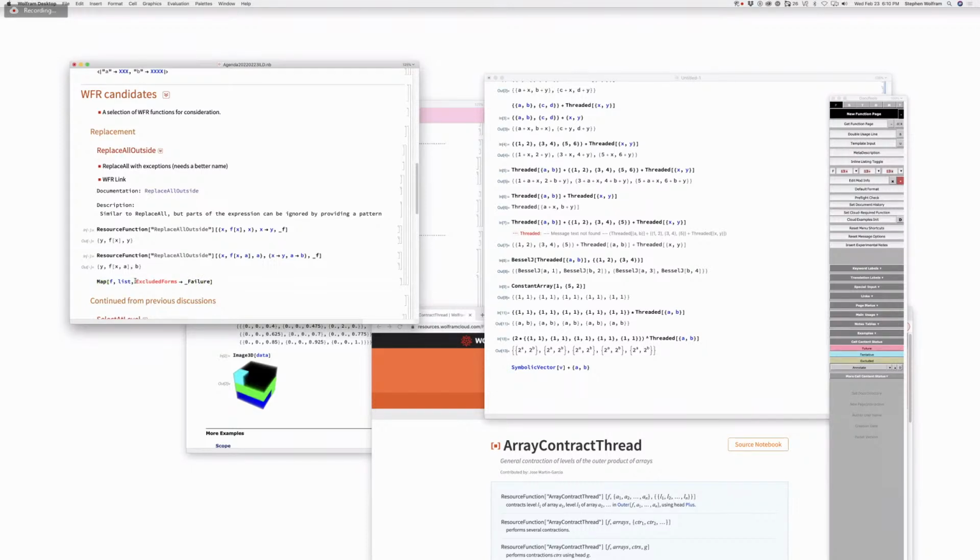Or for example, let's say this: map at level 2 with excluded forms failure. Means just don't do it if you run into that subpart of the expression. See what I'm saying? I certainly would have used this many times, but there may be a better way to do it.